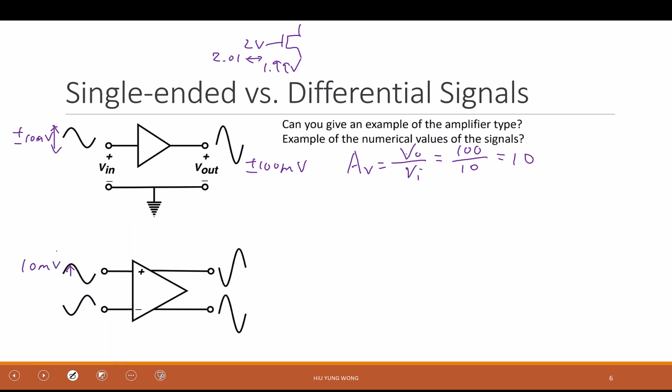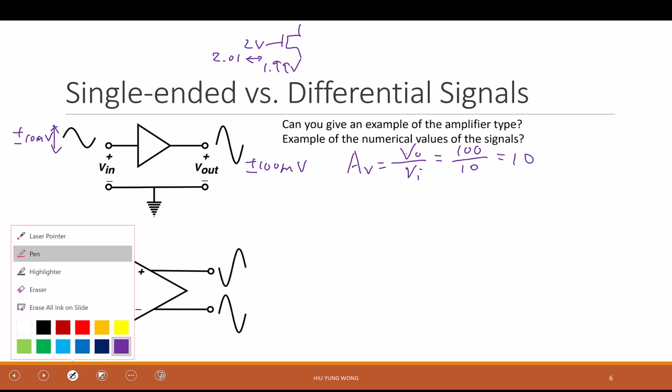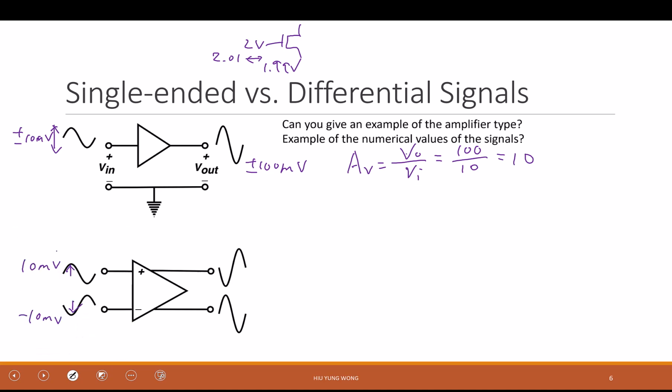At this time, but what happened to this one? It goes down by 10 millivolt, okay? And maybe later, this one go down by 10 millivolt. This one go up by 10 millivolt. Still both of them, each of them has a swing of plus minus 10 millivolt, but they always go in the opposite direction. Is that okay?